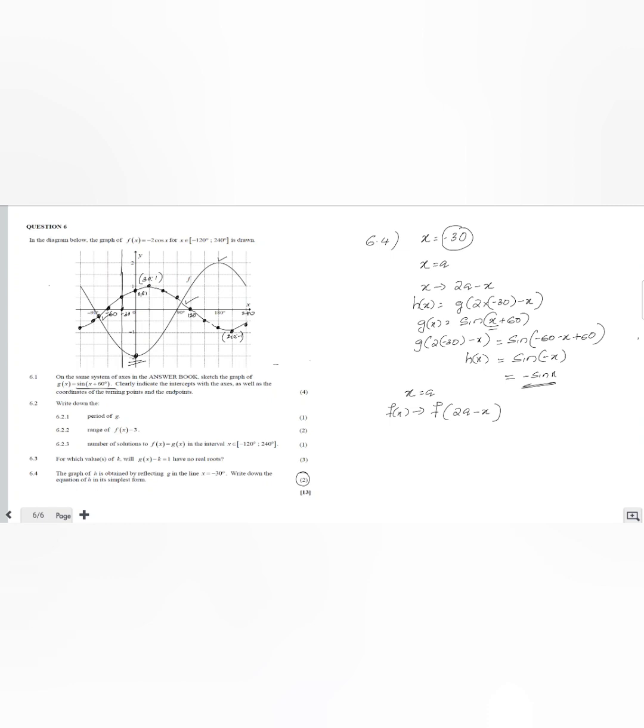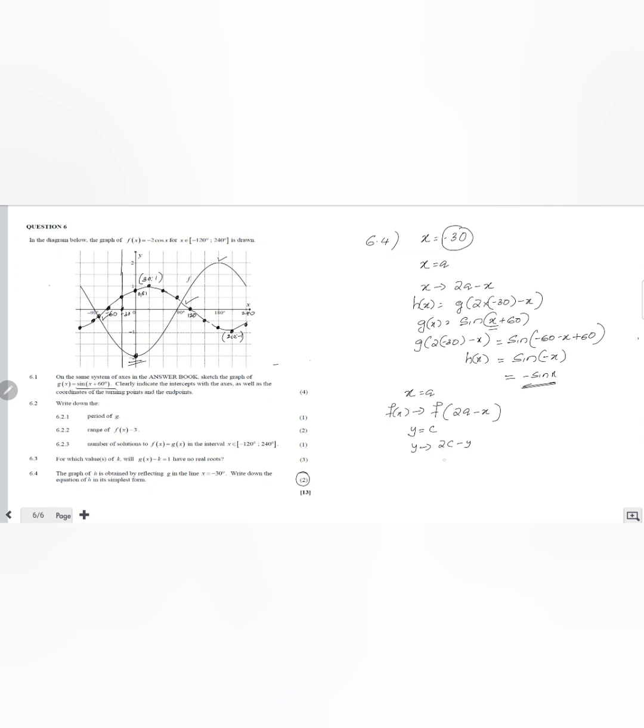Then what about if it is reflecting about a horizontal line? If I write y is equal to c, for example, then the new y is going to be 2 times c minus the old y. That's how it is. Clear?